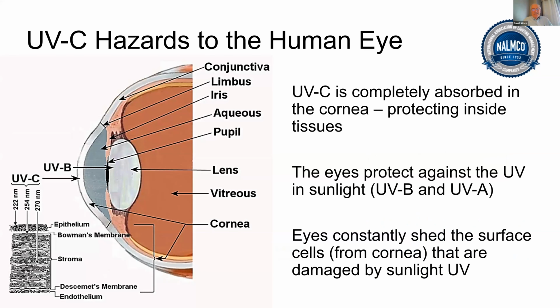Now let's examine what happens with the eye. The eye also is exposed to the UVB in sunlight, but it's exposed far less than the skin because the eye is normally aimed slightly downward when you're outside, and the upper lid and the brow ridge block an awful lot of UV from overhead skylight.